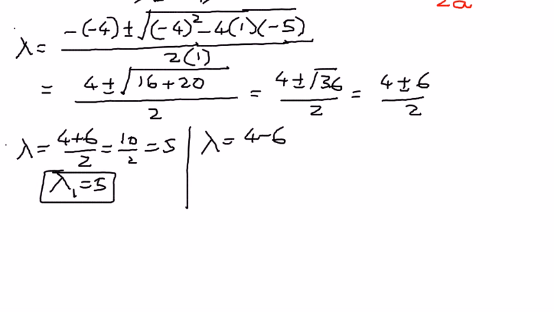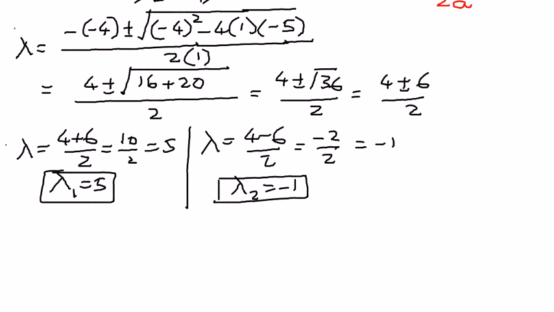The second time we take the negative sign, and when we simplify that, 4 minus 6 is -2, divided by 2, and that value is equal to -1. Therefore, lambda 2 is equal to -1. So we found the eigenvalues for this problem. The eigenvalues for this problem are 5 and -1.